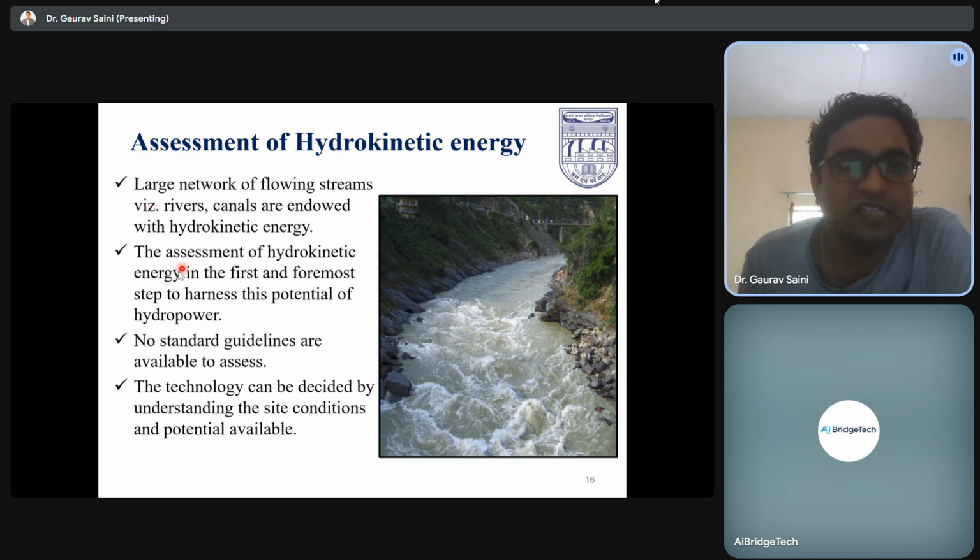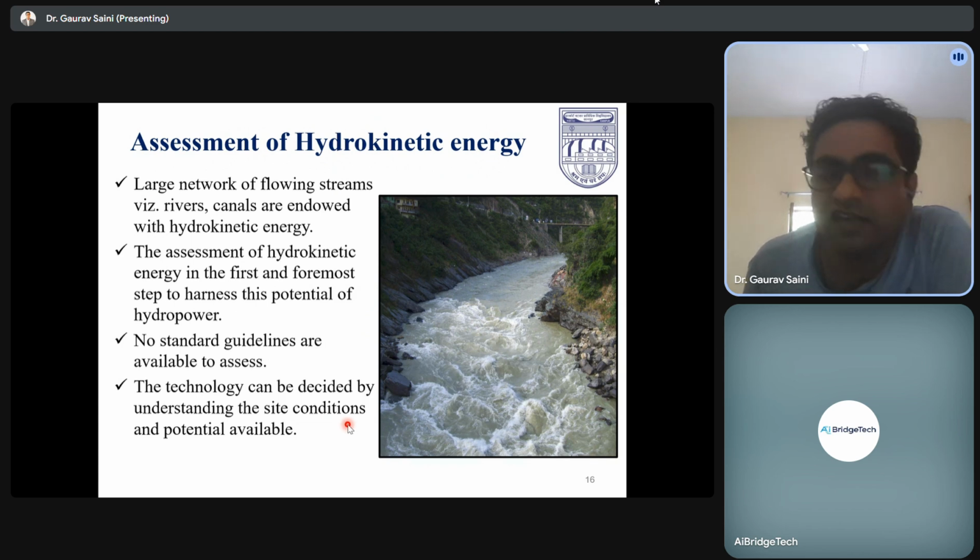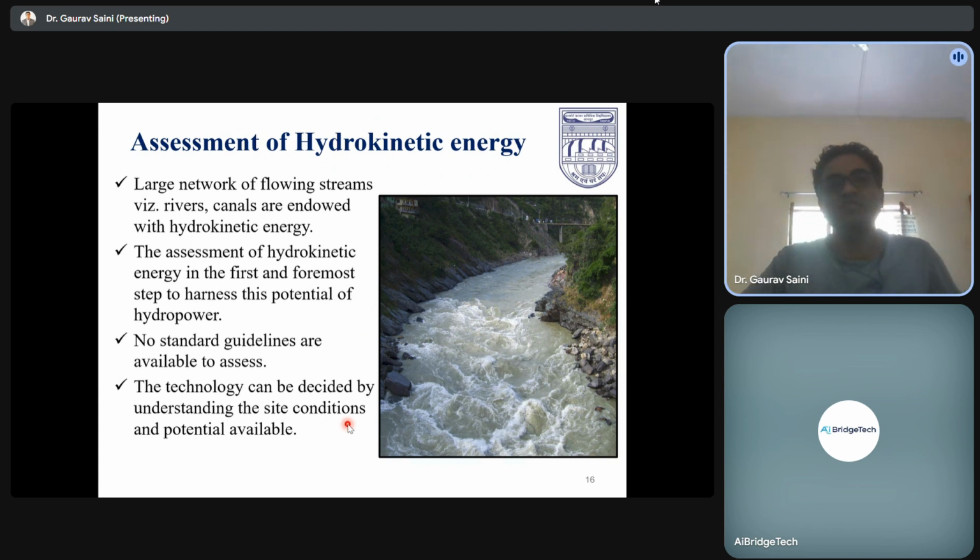So the assessment of hydrokinetic potential is the first and foremost step to harness the potential of hydropower. There are specifically no standard guidelines available to us till now, but the technology can be decided by understanding the site conditions and potential available. So it is a very essential step for hydrokinetic energy generation, because it has a direct cubic relationship with the velocity.